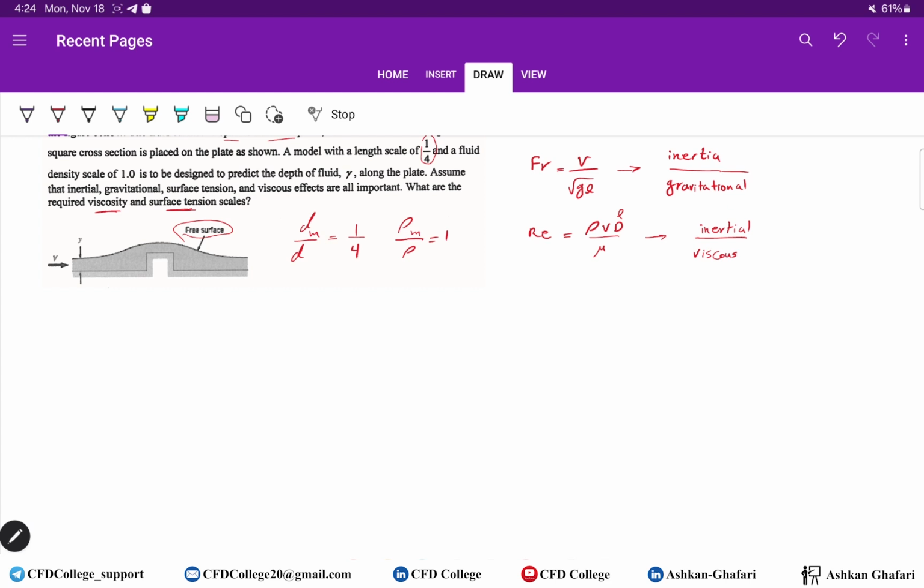And the Weber number, which is rho V square L or D over sigma, is important where we are dealing with surface tension, and it is the ratio of inertial force to surface tension.